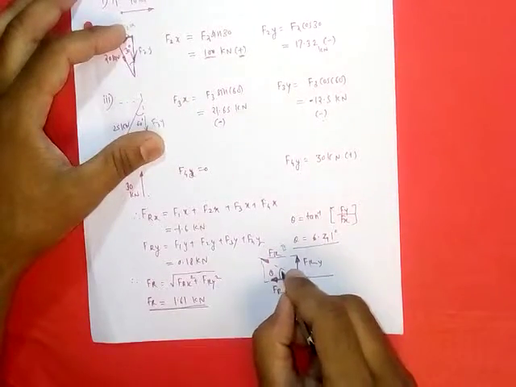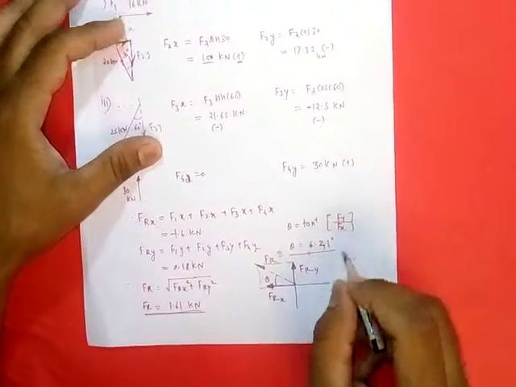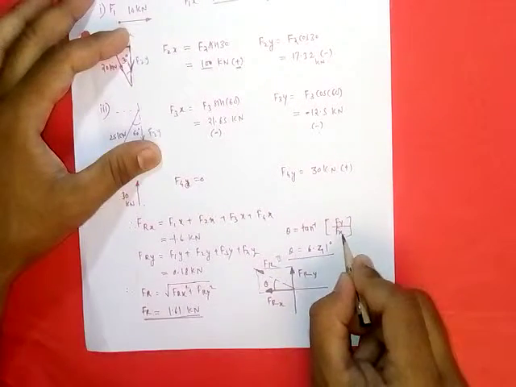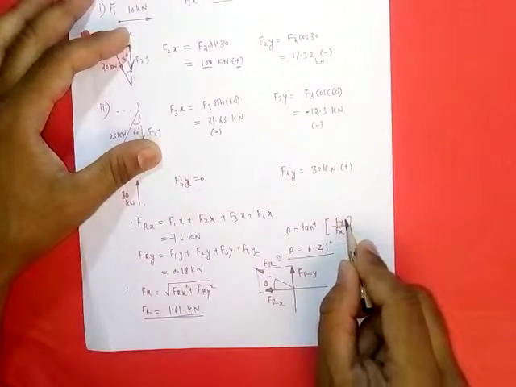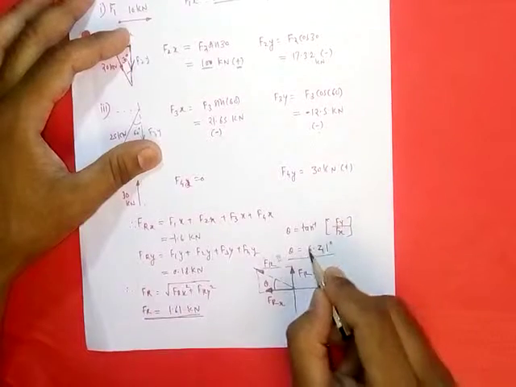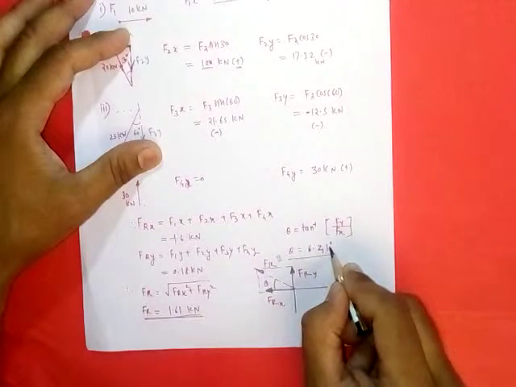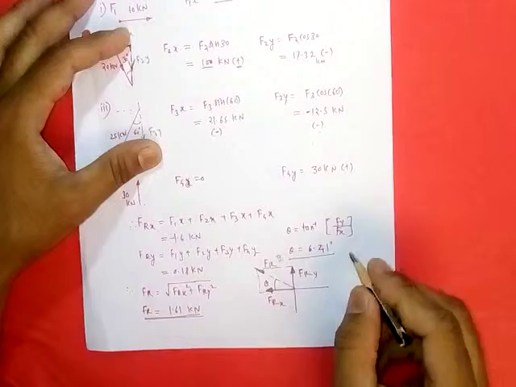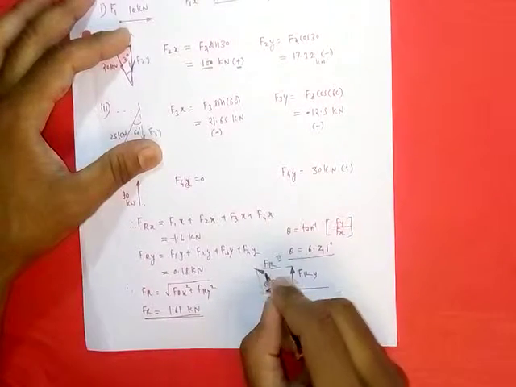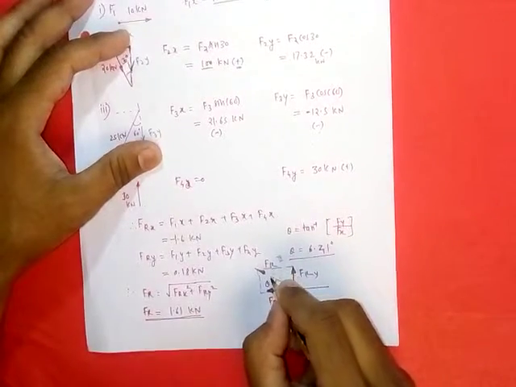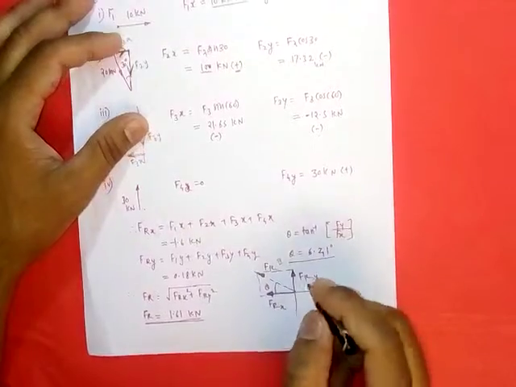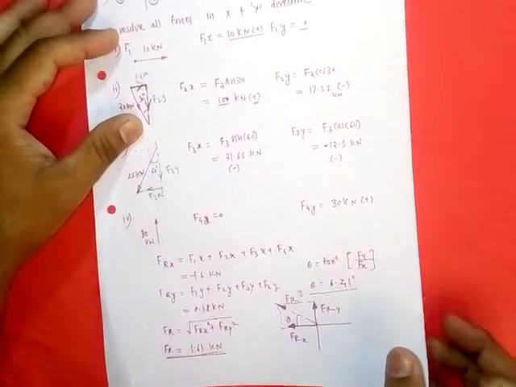And to find out theta, theta is equal to tan inverse of Fy upon Fx. So value is coming 6.41 degree. So in this manner we have calculated resultant force and its inclination with respect to vertical.